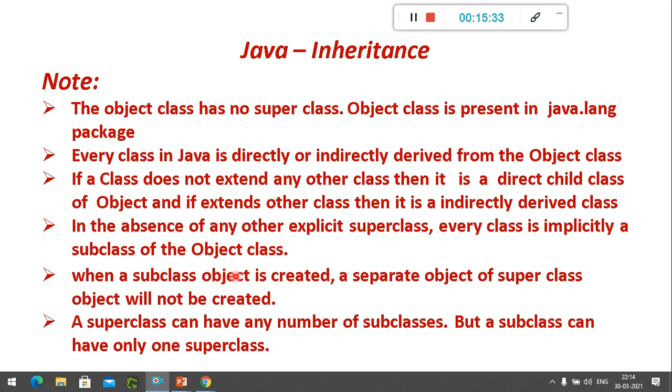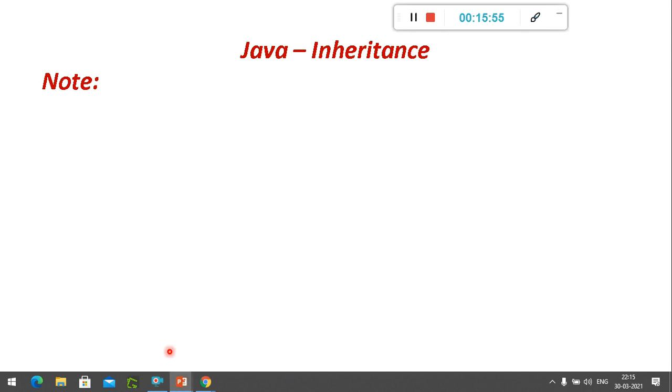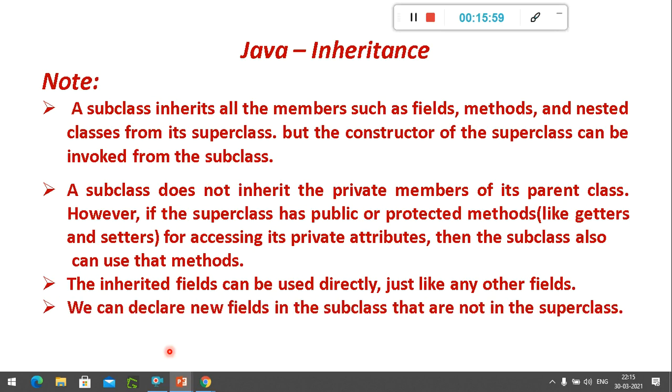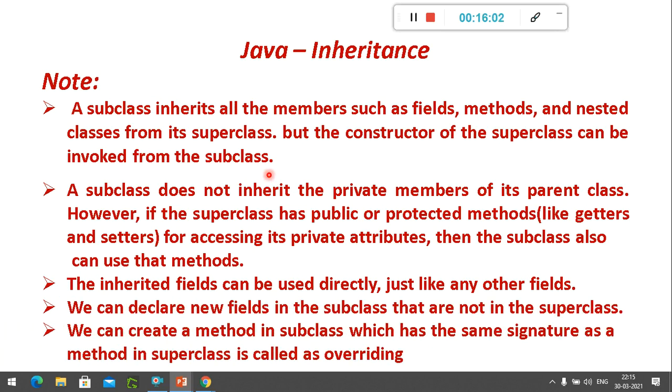When a subclass object is created, a separate object of the superclass will not be created. A superclass can have any number of subclasses, but a subclass can have only one superclass in Java. A subclass inherits all the members such as attributes, methods and nested classes from its superclass.